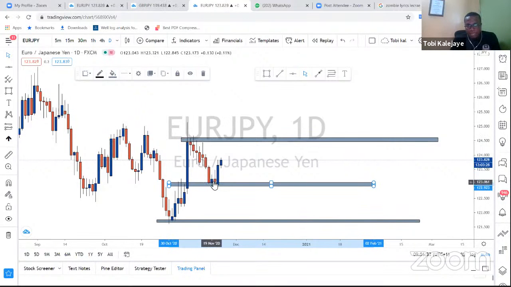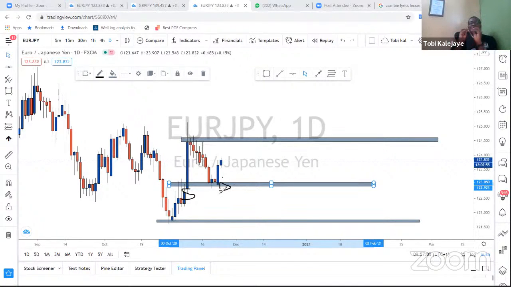And then when price came back, it became, let me write this here: here it's a demand level, and here it's a what? Supply level. Oh, sorry, it's a supply level here. That's a resistance here. It's a resistance or supply level here. But at this point, it's acting as a demand level.